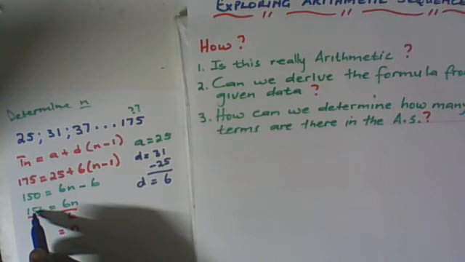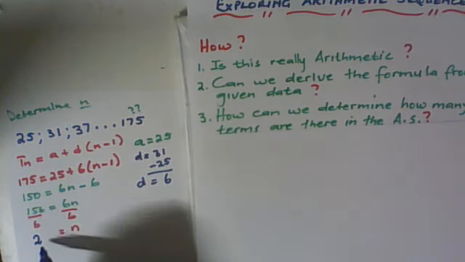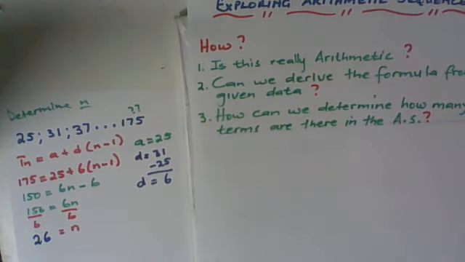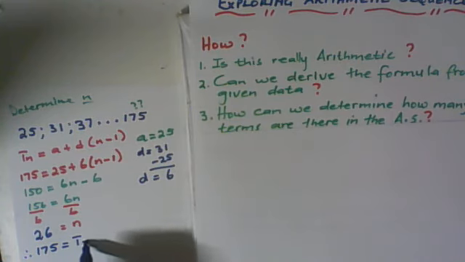Then we are left with 3. It will make 36. How many 6's are there in 36? That will be 6. Therefore, our final answer is that 175 is equal to term number 26. And it's true, guys. So this is how we do it.